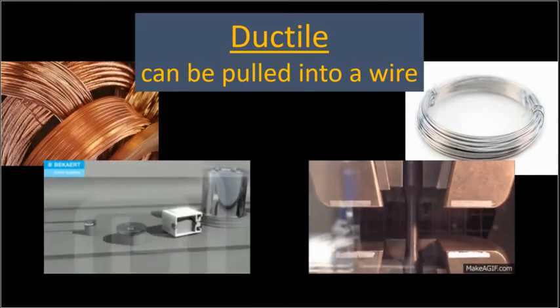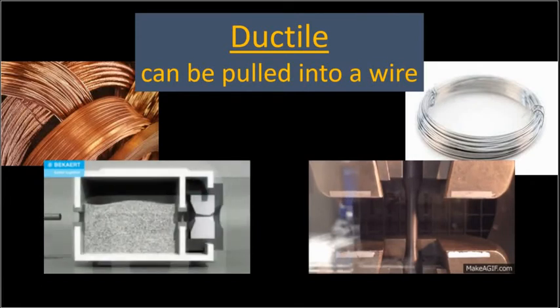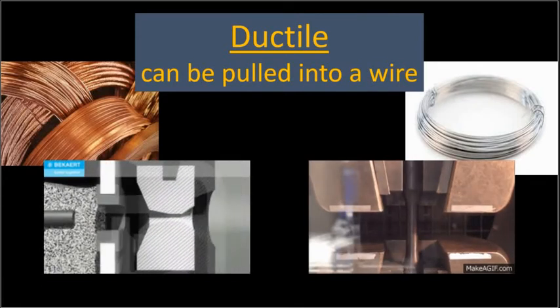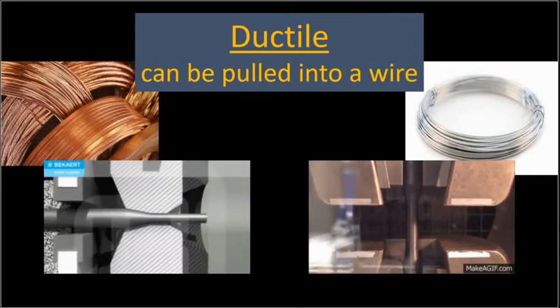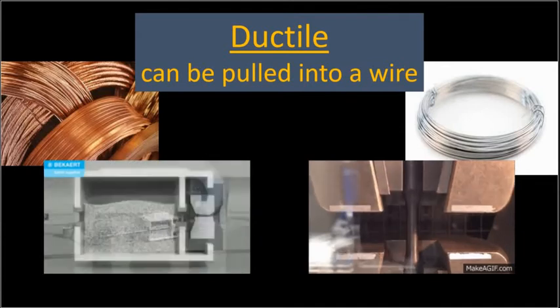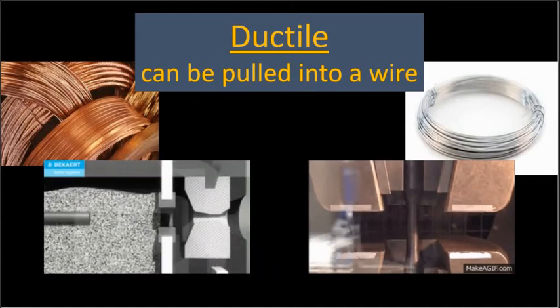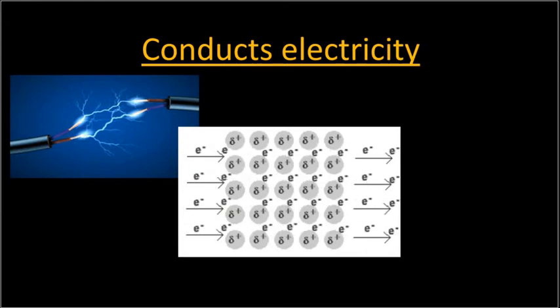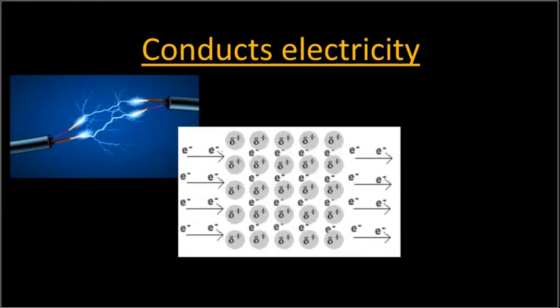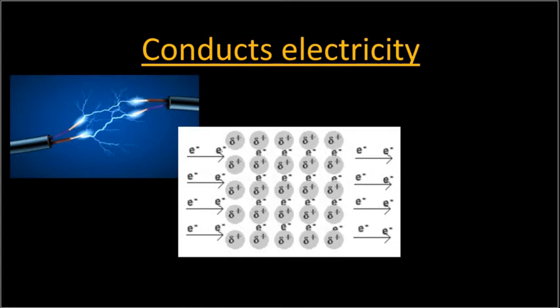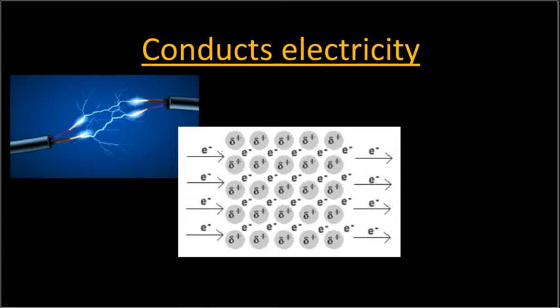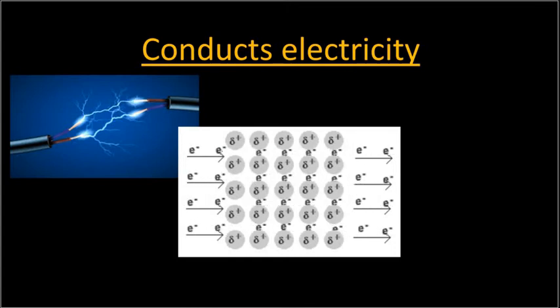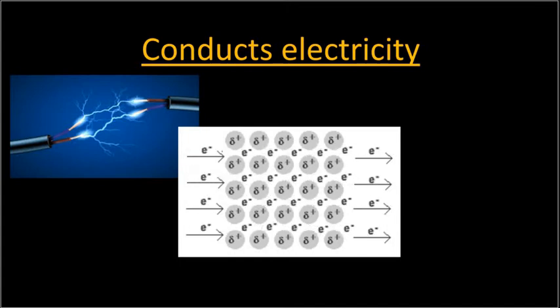Now, again, this can happen because you're able to move the atoms of the metals around, as long as there are enough atoms there that there's electrons between them, you can keep pulling and pulling and getting narrow, thin wires. Now, if you get too thin, that's when the metal will snap and break.